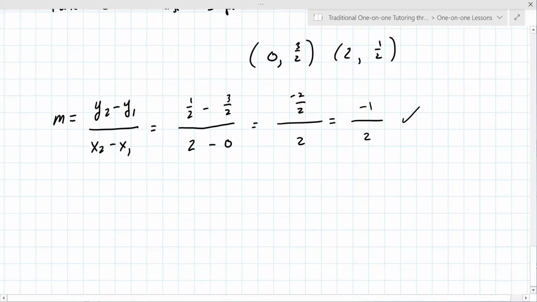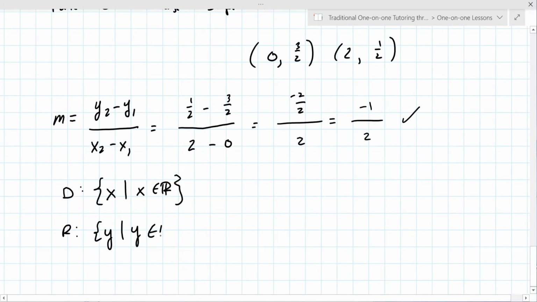Okay, now really quickly here, the domain and the range, they're this again. And the thing that I need you to remember that's really important here is that when you have a line like this one, your domain and range are always this. When you have a line, as long as it's going up and to the right or down and to the right, it's always this.